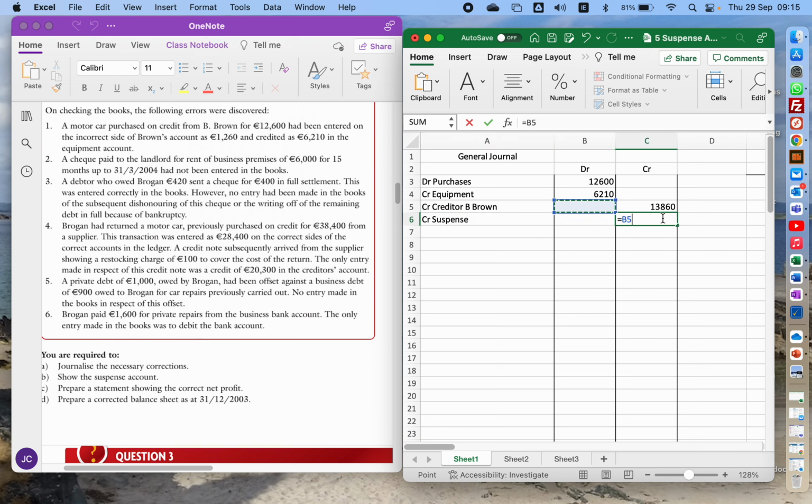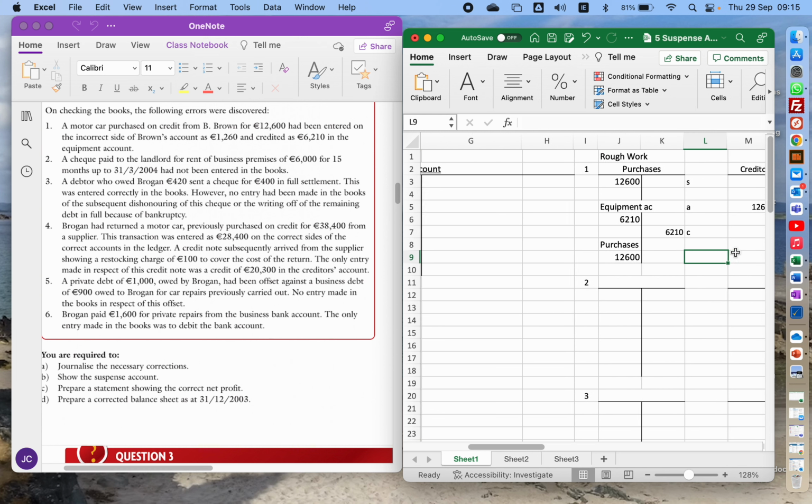Those 2 numbers added together, and I'll take away that, and that gives us the difference figure. And this is just a narration. You do get marks for this in the exam: entered the wrong account on the wrong side. Okay, so that's the first one done.